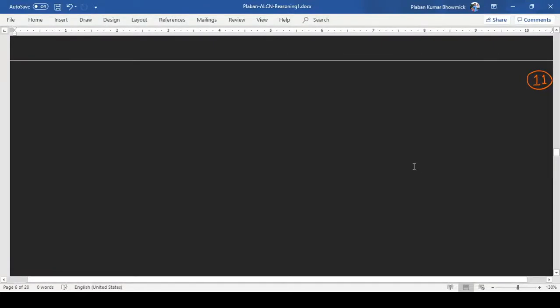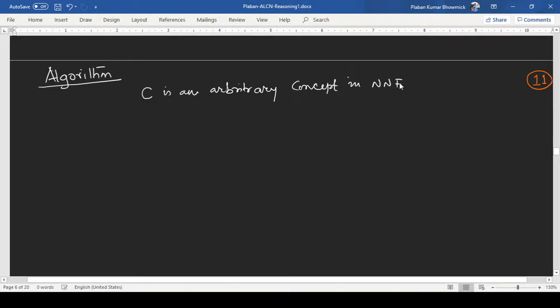Now coming to the algorithm. So what is your input? Input is a concept C, and C is an arbitrary concept in NNF, right?